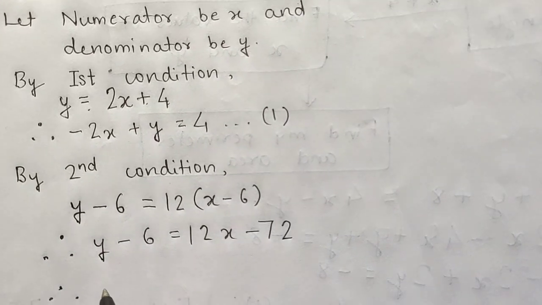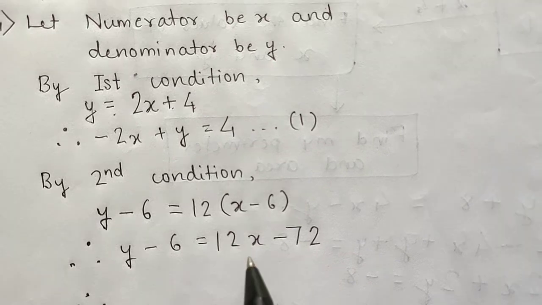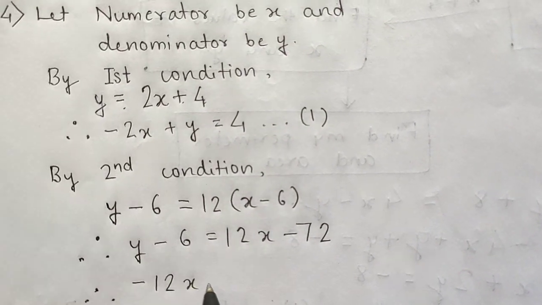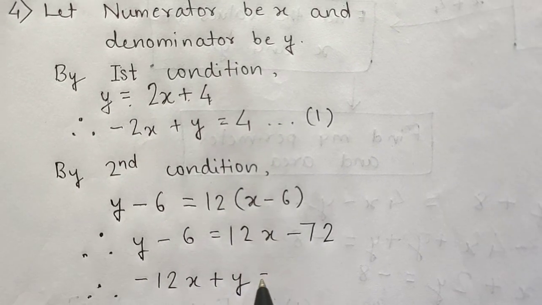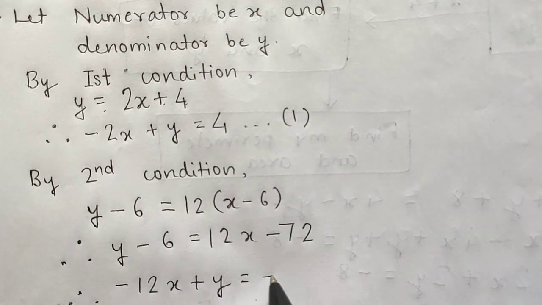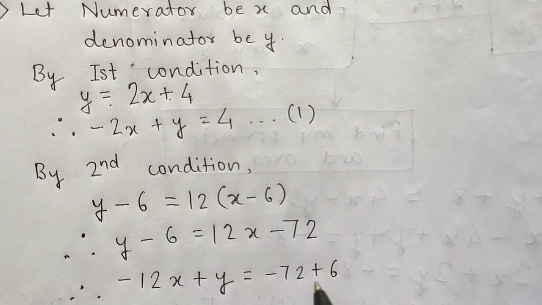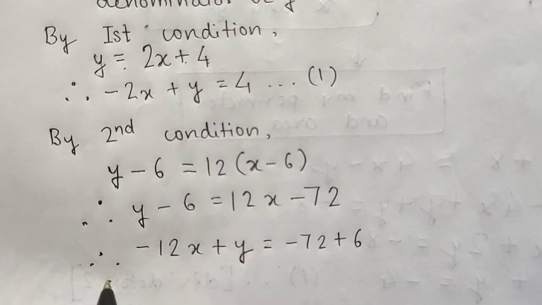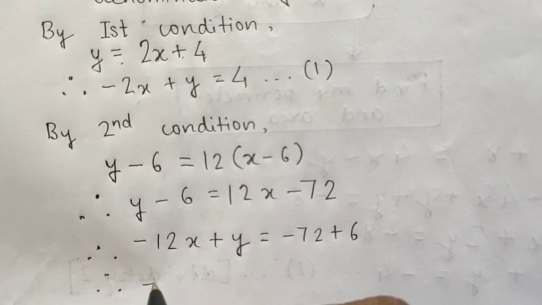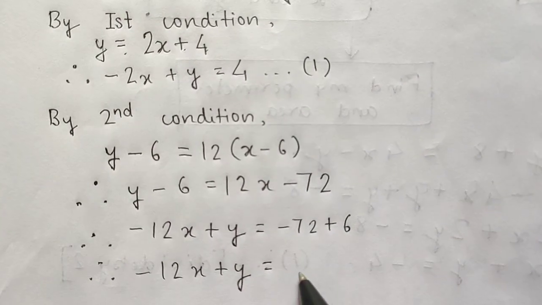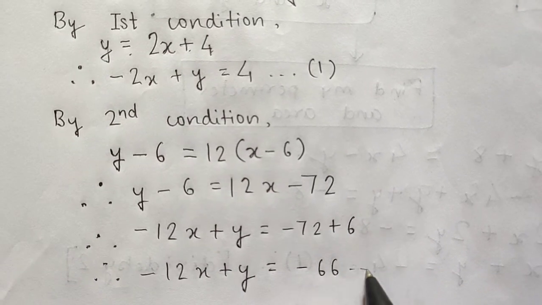Keep your y as it is. Okay, and take 12x to the left hand side, so that it becomes minus 12x plus y is equal to, see, minus 72 is there, then plus 6 will be there. So finally you can have minus 12x plus y is equal to minus 66.